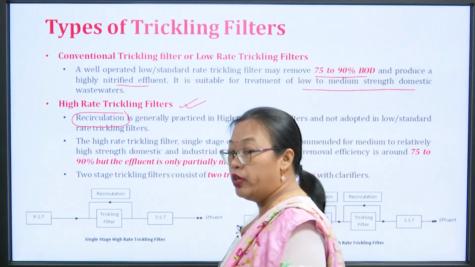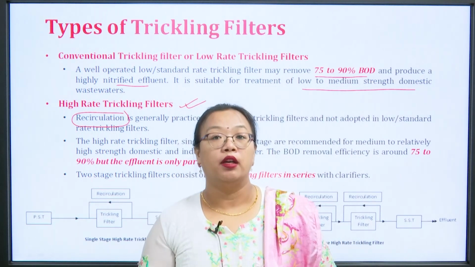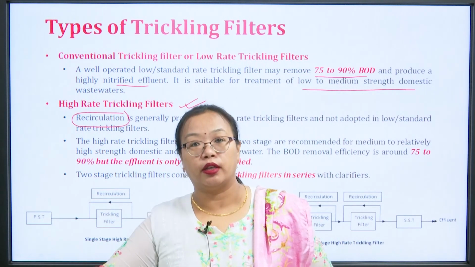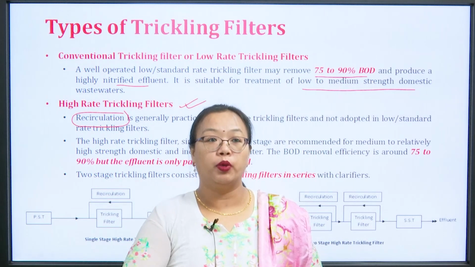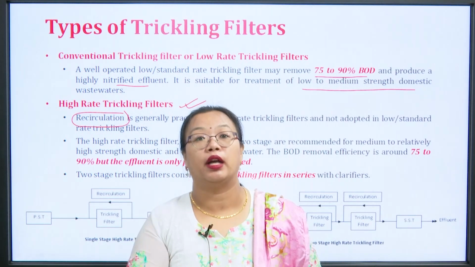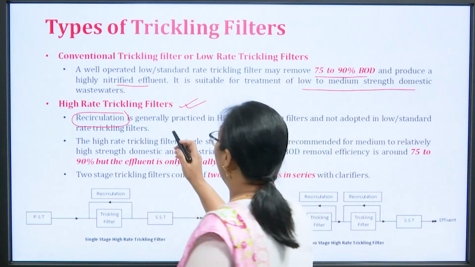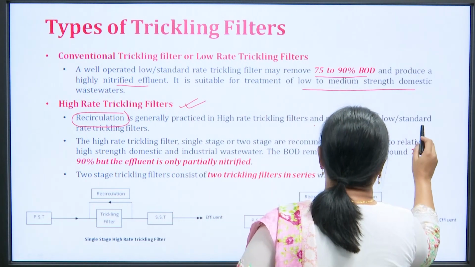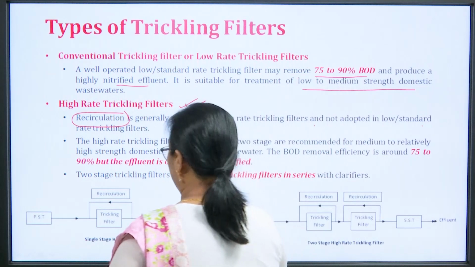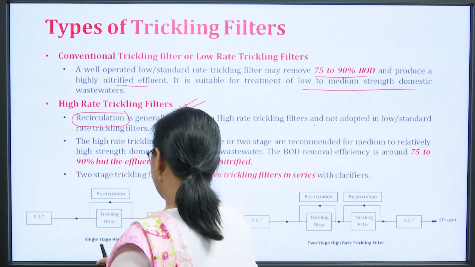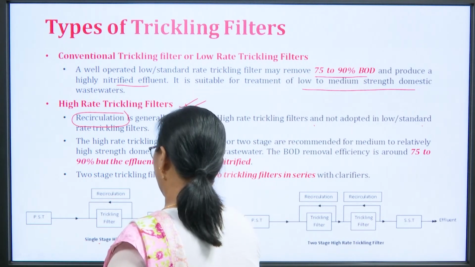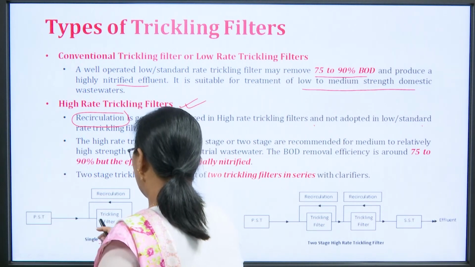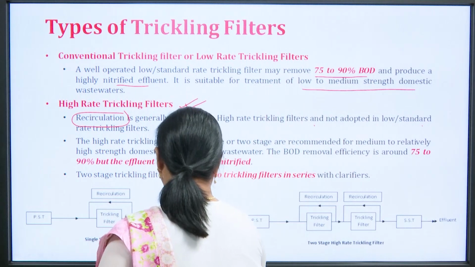Recirculation means we send back a part of the treated effluent from the trickling filter to the trickling filter again. Recirculation is generally practiced in high rate trickling filters and not adopted for low or standard rate trickling filters. This is a single stage high rate trickling filter. You have the primary sedimentation tank, a trickling filter and a secondary sedimentation tank.